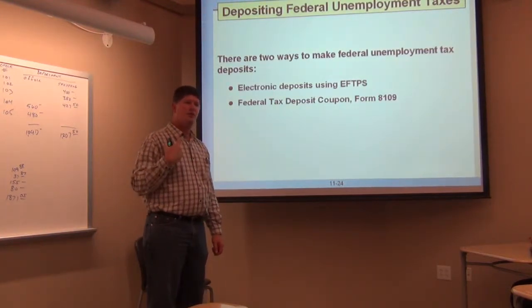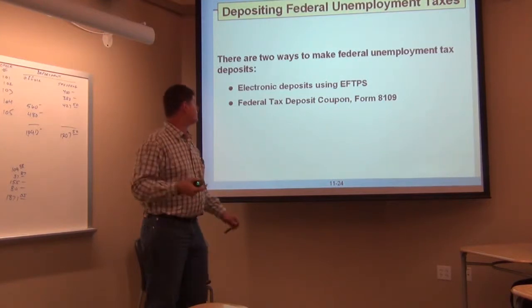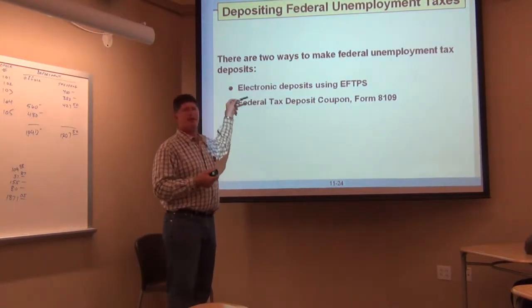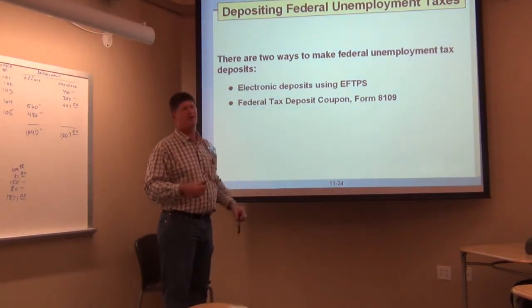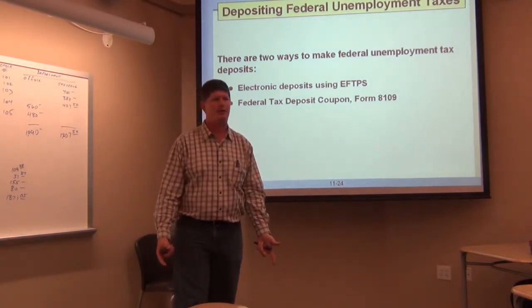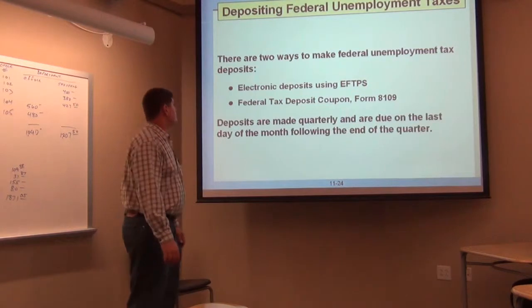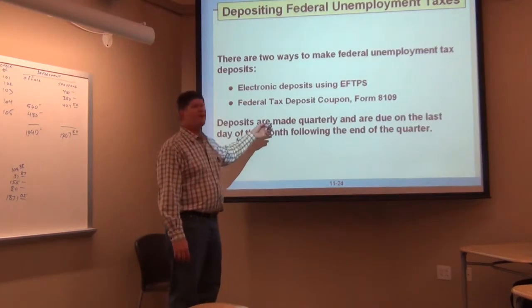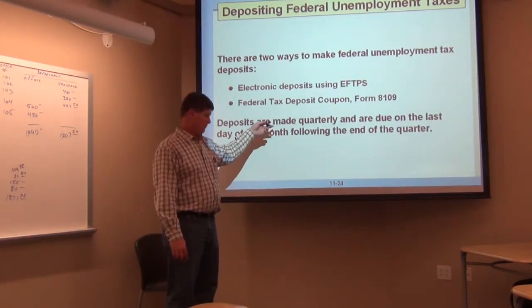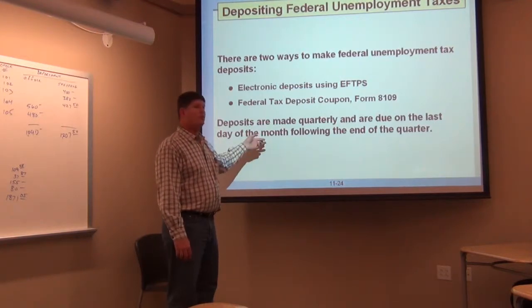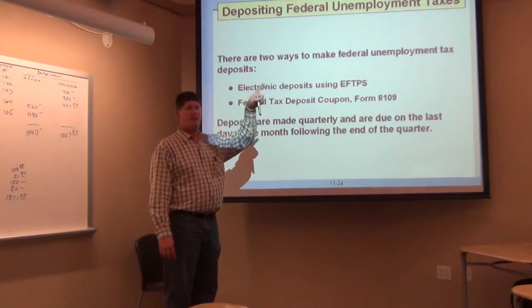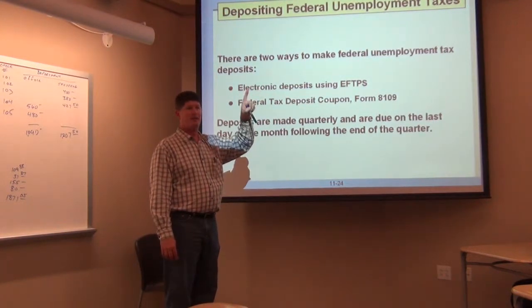Making the payments for the federal unemployment tax is just like paying the payroll tax. Going to your bank is out of the question anymore. You're making the EFTPS deposits electronically. Okay, just so everybody knows. You only have to pay this quarterly, and you only have to file that tax return once at the end of the year.